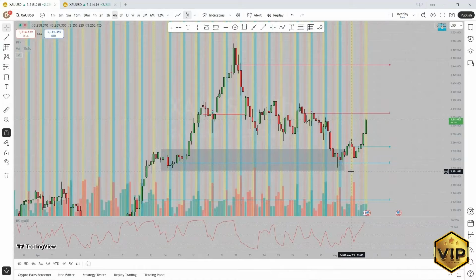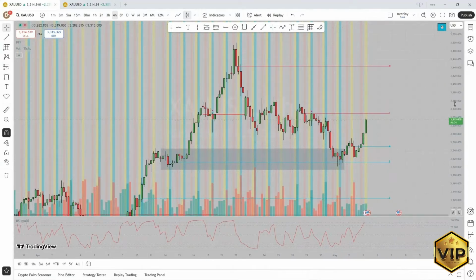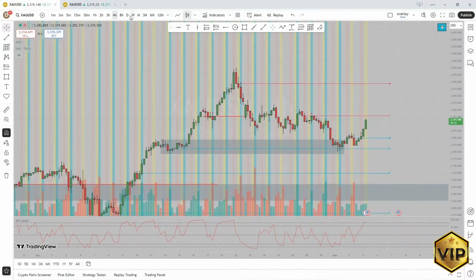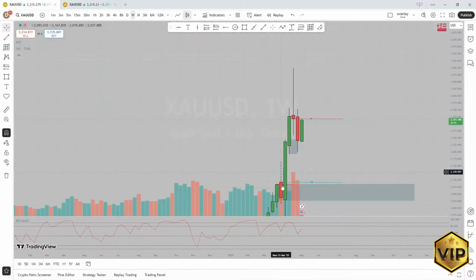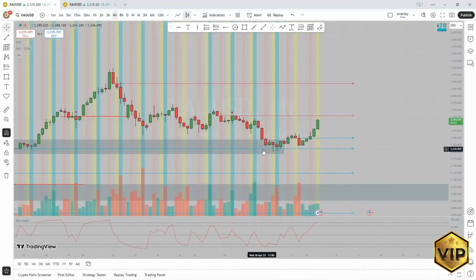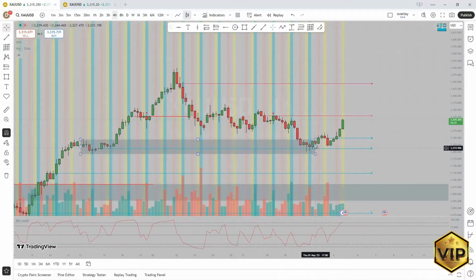But it's still okay, still valid for me. Why? Because it's happening at the roadblock. Ideally, I prefer it at the origin of the breakout, which is here. Why? Because then we got a good range to trade to. But at the roadblock it's not so bad. It's still okay, still valid.